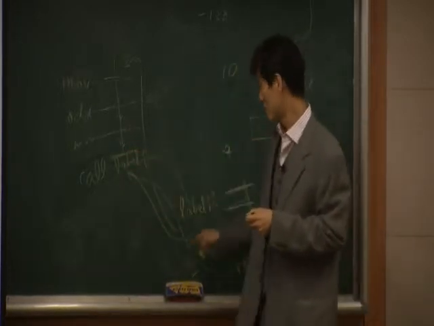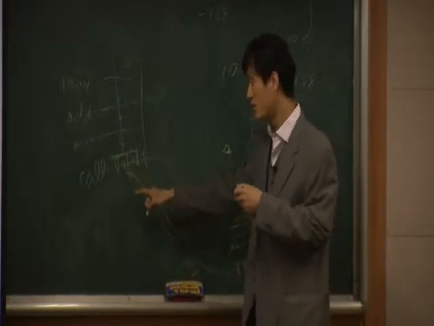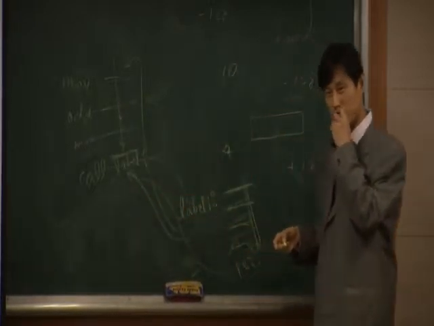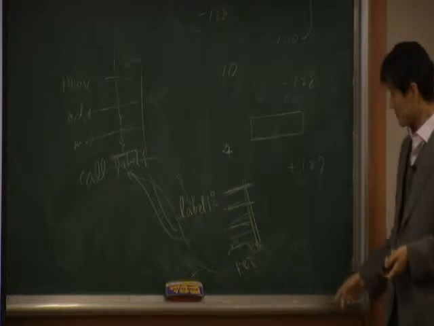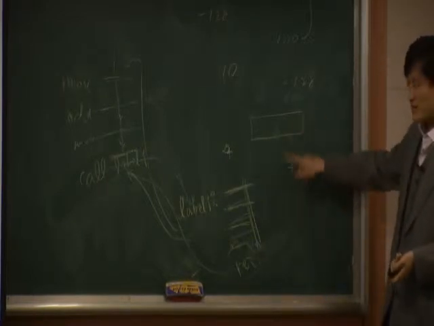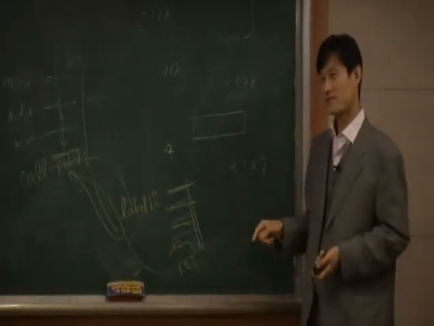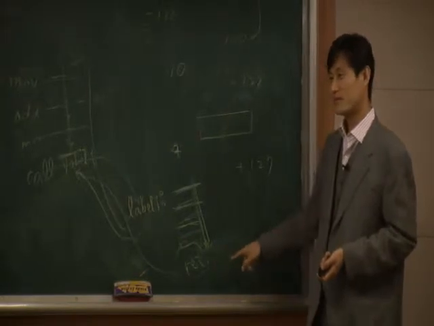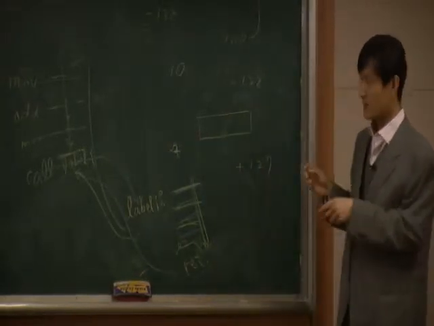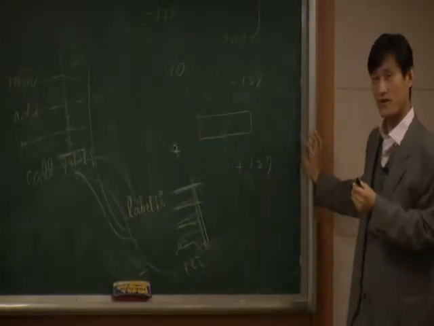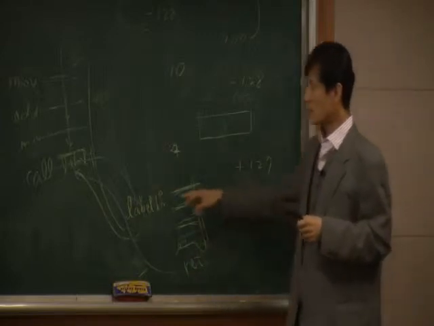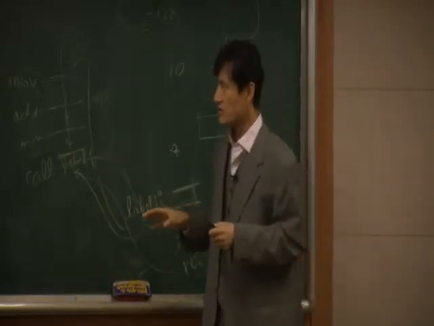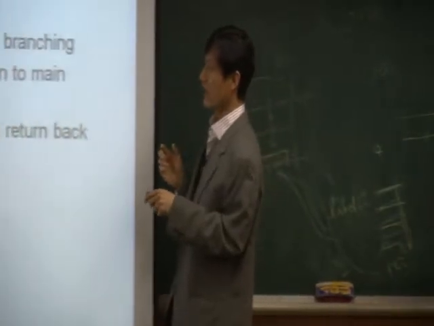So how do you know whether I should come back here or here or here? Because this one doesn't tell you anything. This one just says return. Return to your home. I don't know where my home is. That's why in these call and return instructions, you need to use a stack.